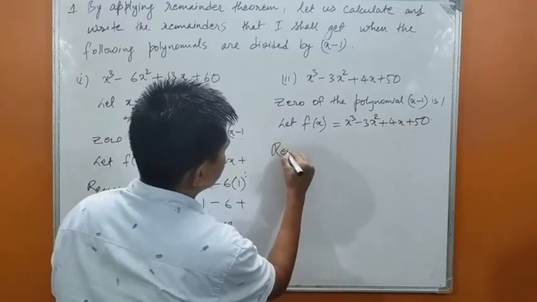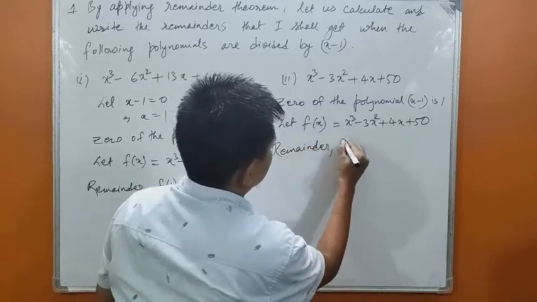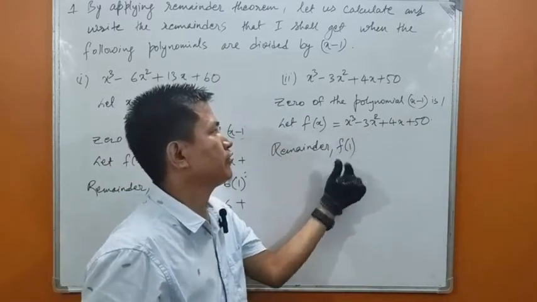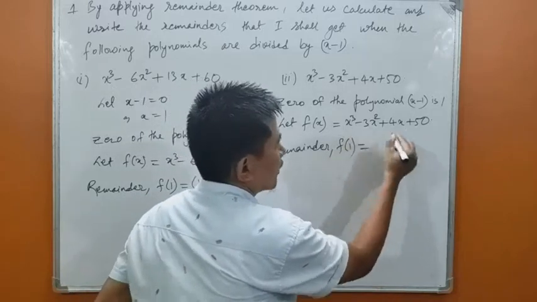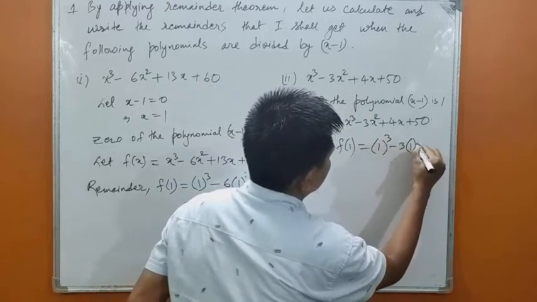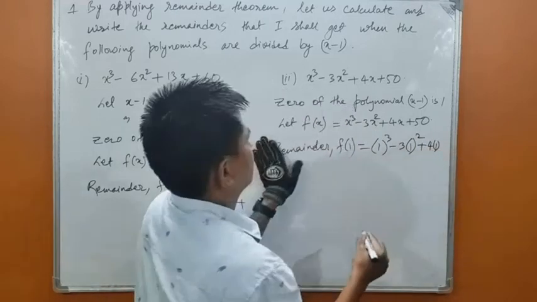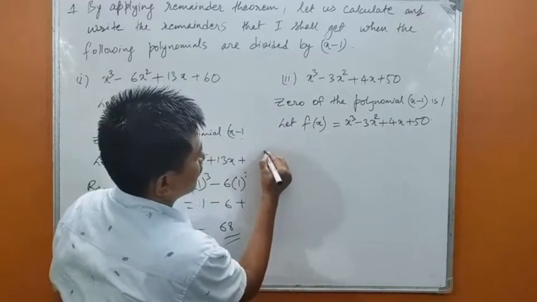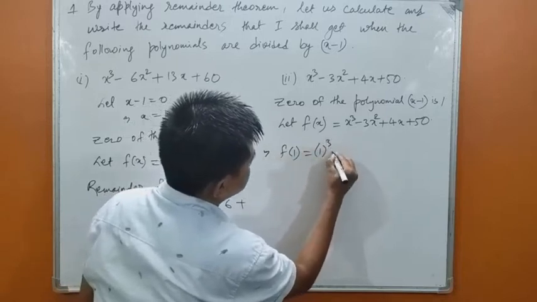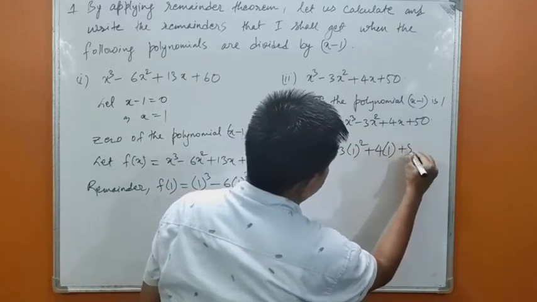So remainder will be f(1). Are you getting me? F(x) is this, remainder will be f(1). F(1) equals, instead of x we write 1 cube minus 3 times 1 square plus 4 into 1 plus 50.